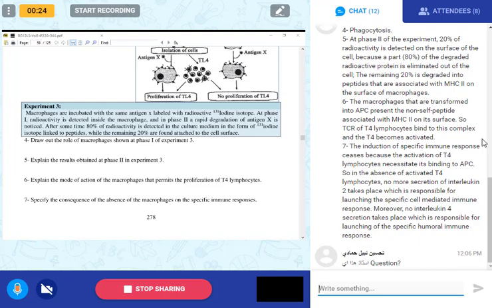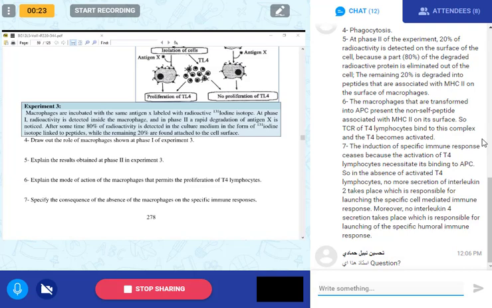Specify consequence of the absence of macrophages on the specific immune response. The induction of specific immune response ceases, يعني stop, because activation of T4 necessitates its binding to APC, antigen presenting cells.